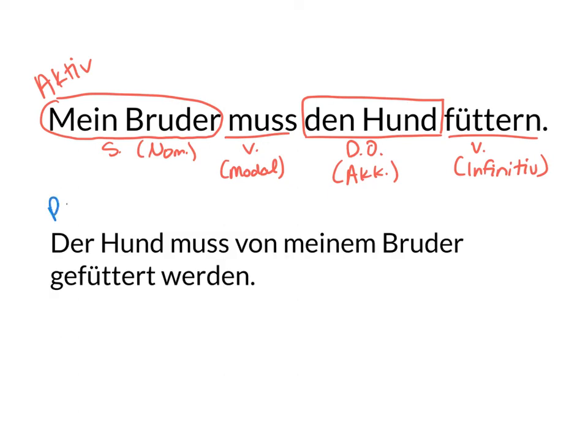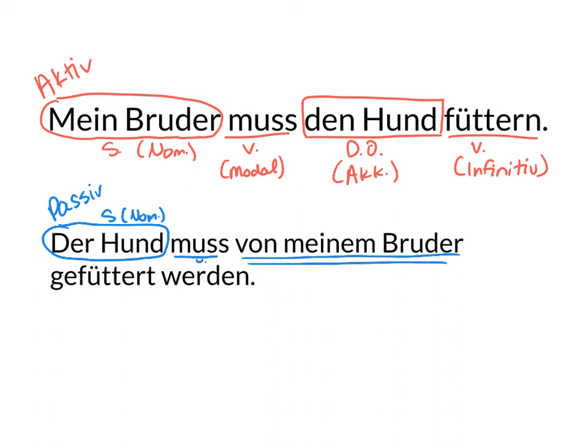So in this passive example, the dog has to be fed by your brother. Der Hund muss von meinem Bruder gefüttert werden. So der Hund, the dog, is still the subject. We still have our modal verb müssen, muss in this case. We've got an agent telling you who is doing the feeding.